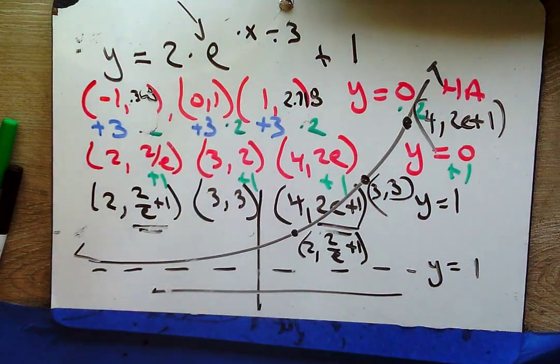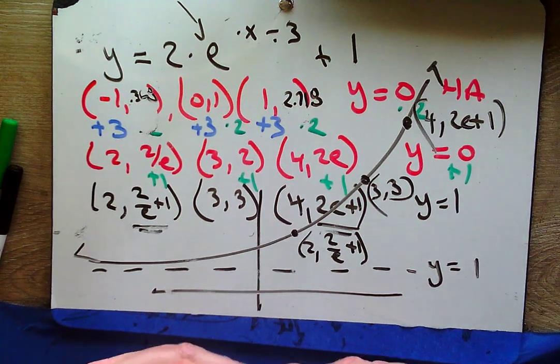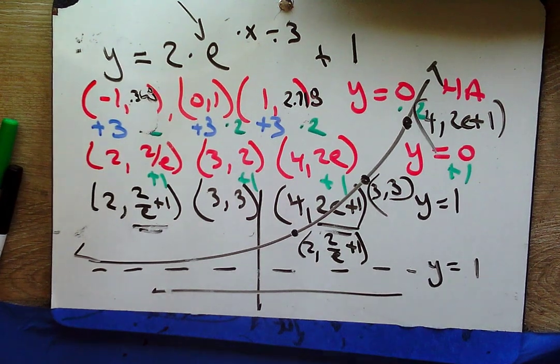It's just, I find it's much harder to do because I'm working with those decimals instead of leaving it these ways. All right. You need to be able to graph e to the x. You need to be able to graph 2 to the x and 3 to the x. I would definitely expect a CFA to include that.